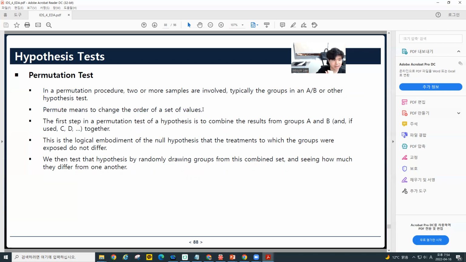So we mix all data together, and we combine all the results from the two groups A and B, and then we randomly join groups from the combined set, randomly sample the data, and see whether the difference between A and B can be explained by randomness.